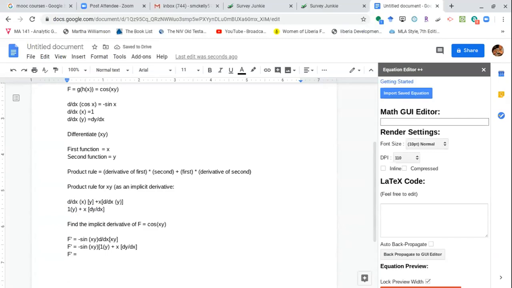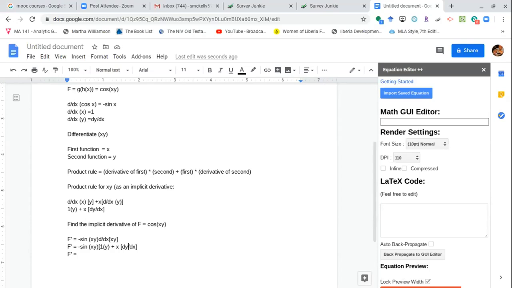now 1 times y is y, and x dy dx is 1. So you got 1y plus, this should be, isn't it dy dx what we're solving?